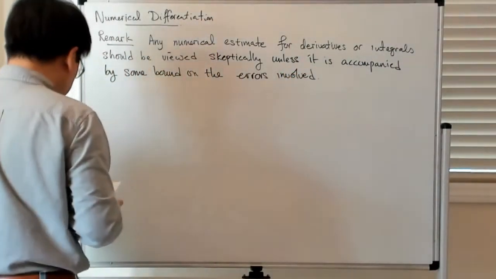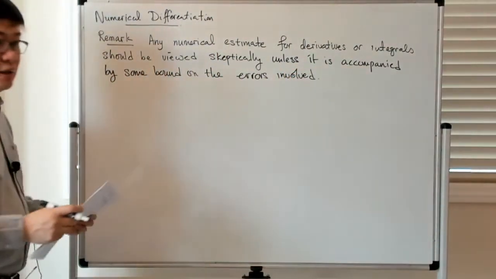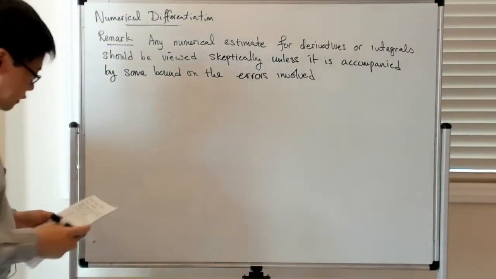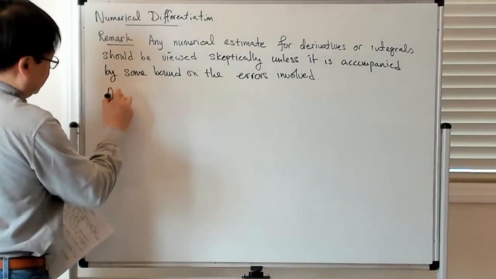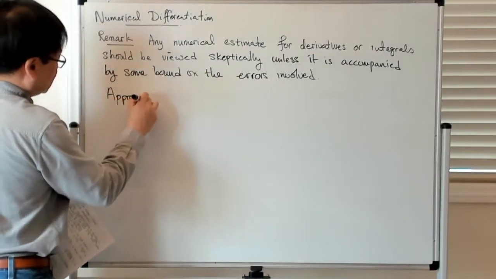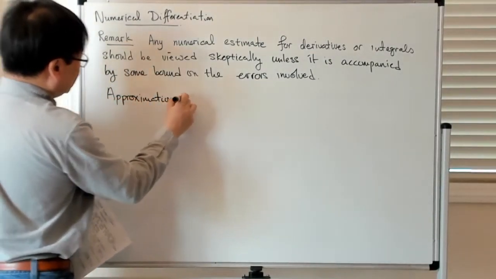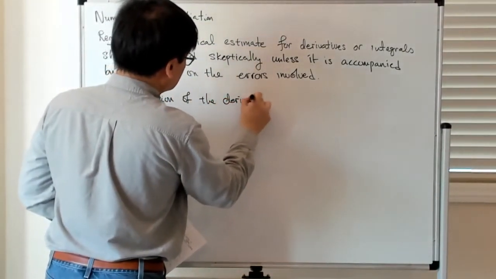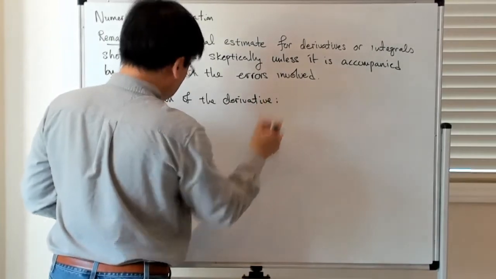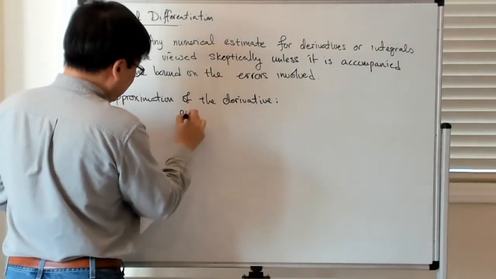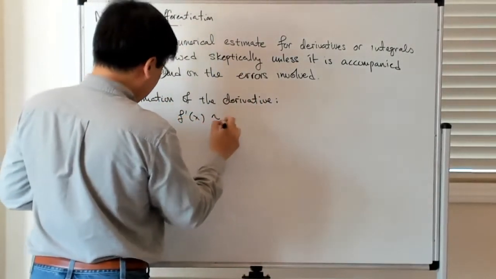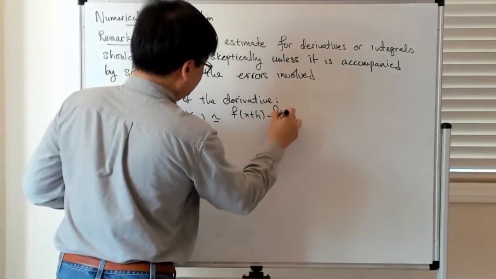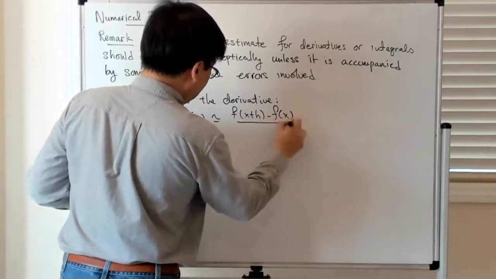Okay, so for example, you've probably seen the simplest finite difference approximation of the derivative. So let me just write that. So approximation of the derivative. So one possibility is, for example, f prime of x is approximately equal to f at x plus h minus f at x divided by h.